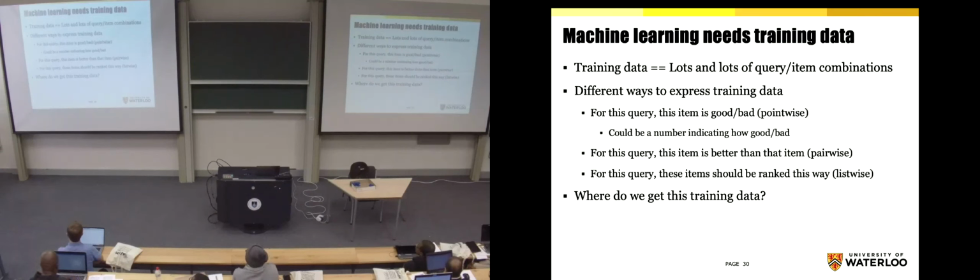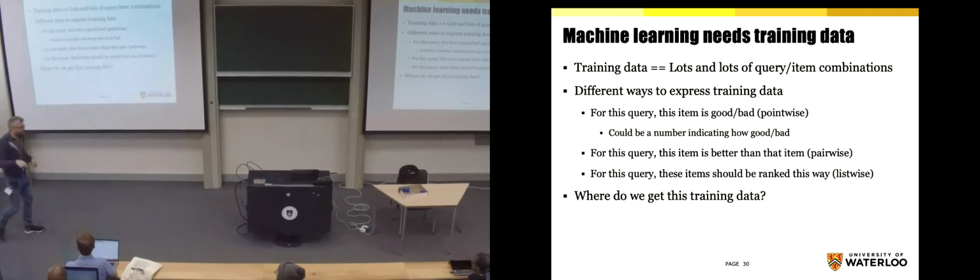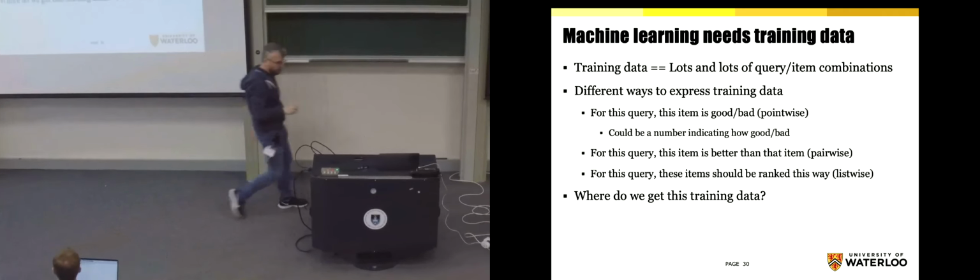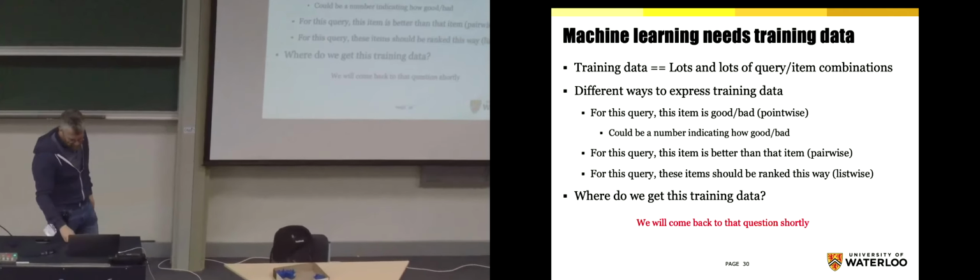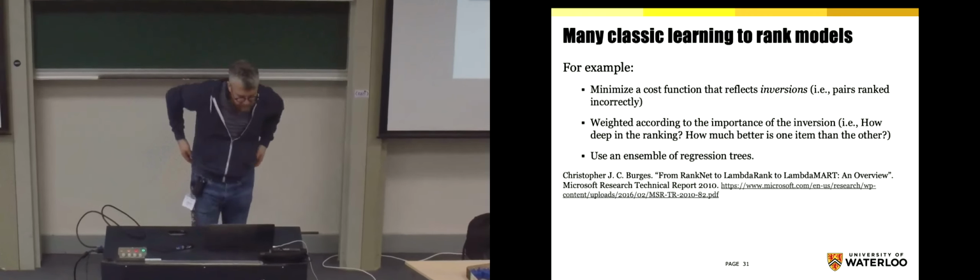The problem with search is that it's very hard to figure out what the right answer is, because you have billions of things that could be the right answer. To label the data and say, for this query, this is the right answer, you have to find the answer, and in order to find it, you have to have a search engine. So there's some circularity here that we'll come back to.